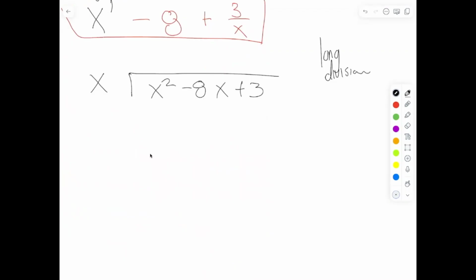Long division is very similar to, let's say, 3 goes into 150, right? 15 divided by 3 is 5, so I put a 5 here, and 3 times 5 is 15. So this is going to give me 0. And then I bring down the 0.